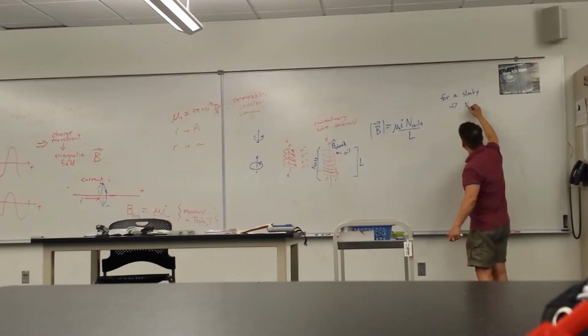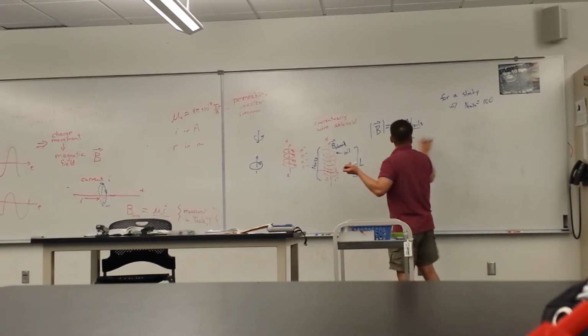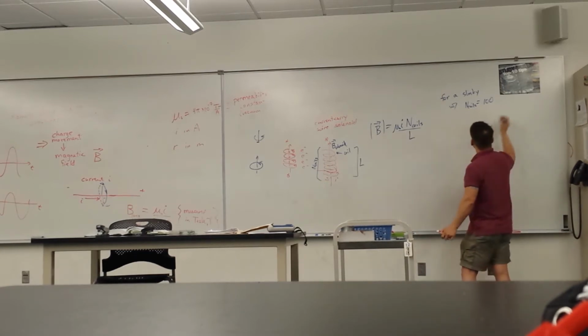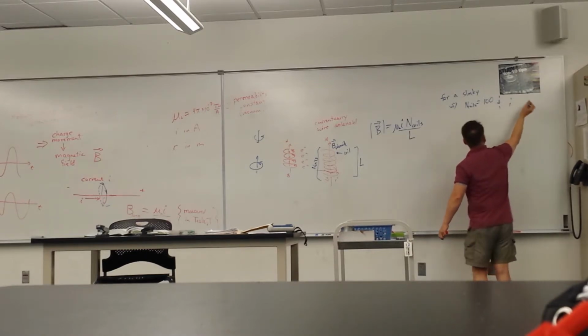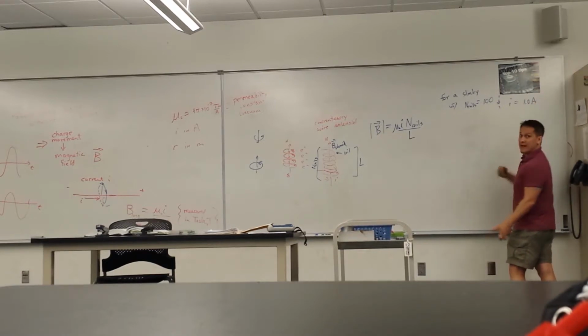Say N coils is 100. And the length of the slinky then depends on how it's stretched. And say it has a current of 1 ampere passing through it.